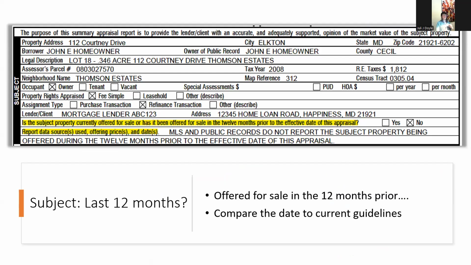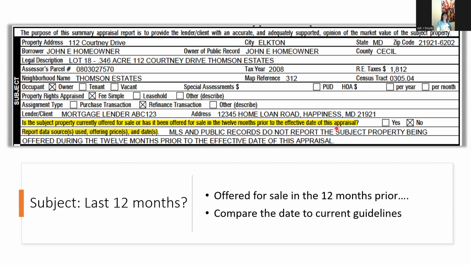All right. Here's another goodie, but very, very irritating one. So this one says, is the subject property currently offered for sale? So this will, of course, be a purchase, right? If it is, of course, we will mark yes. And then the other question says, or has it been offered for sale in the 12 months prior to the date of the appraisal?